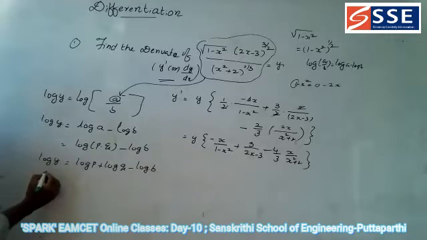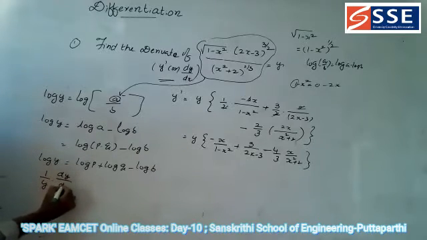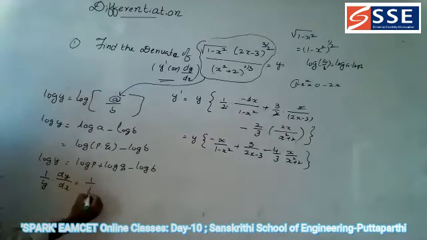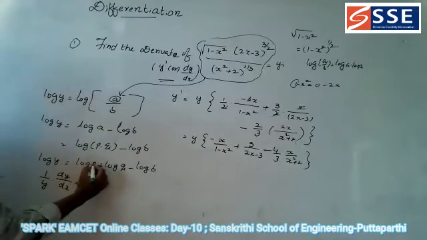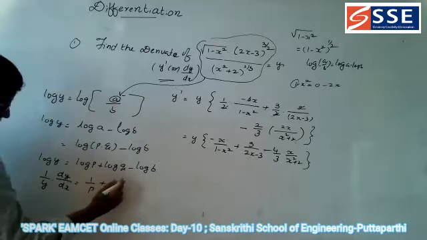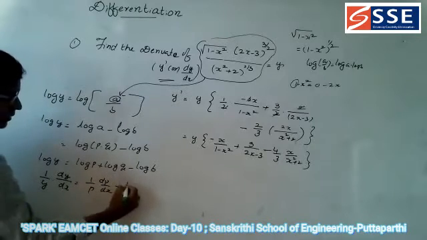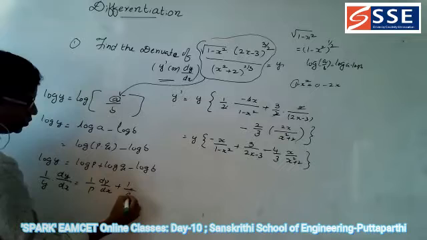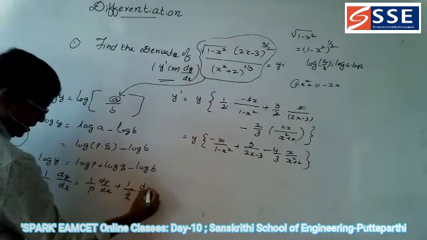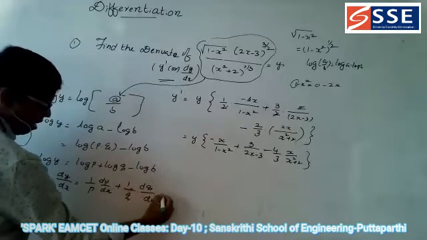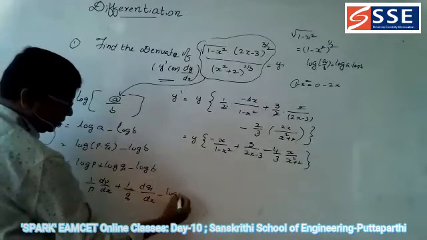The differentiation of log y is 1 by y into dy by dx. What is the differentiation of log p? 1 by p into dp by dx, plus 1 by q into dq by dx, minus log b, you write down as it is.